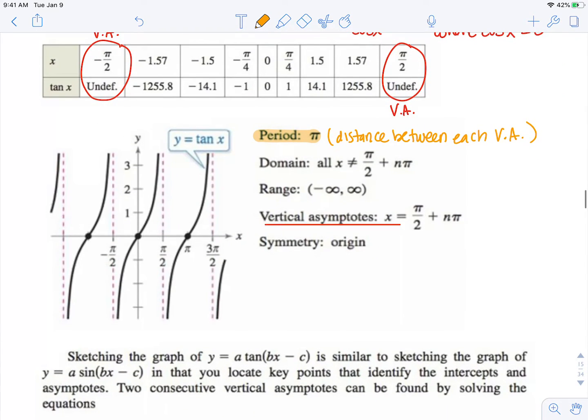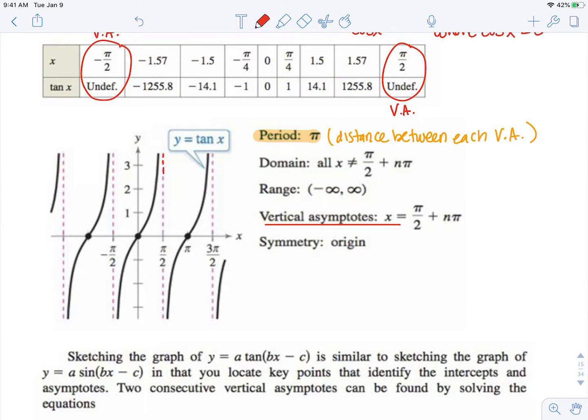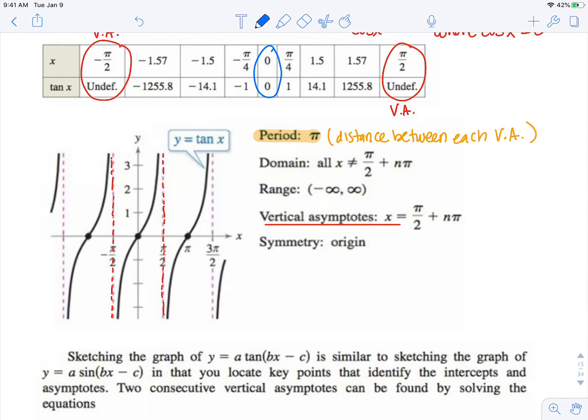Now, when we sketch our tangent function, the first thing we should find is all of the vertical asymptotes. And we know in the middle of that vertical asymptote, our tangent value is 0. This point right here is the middle of the asymptotes, all right?